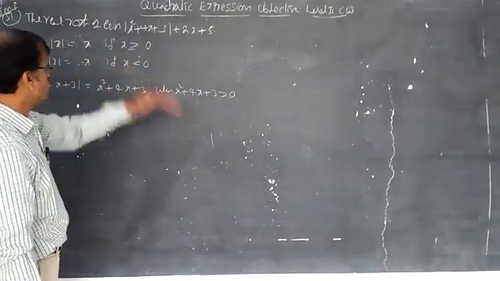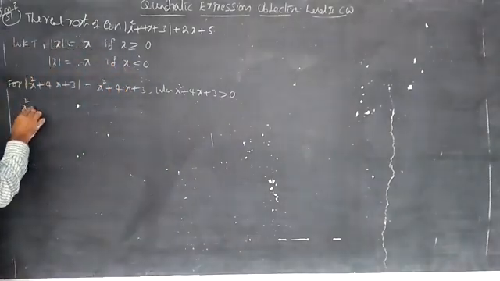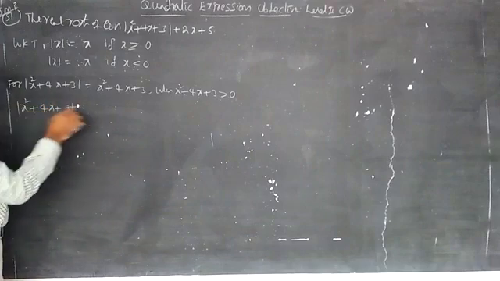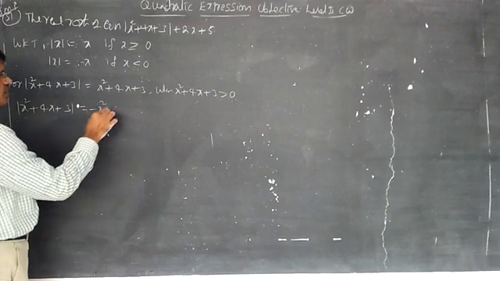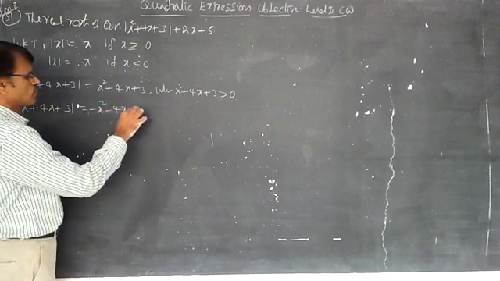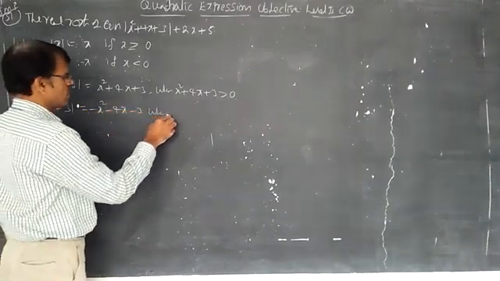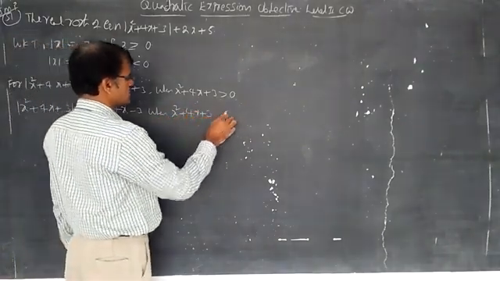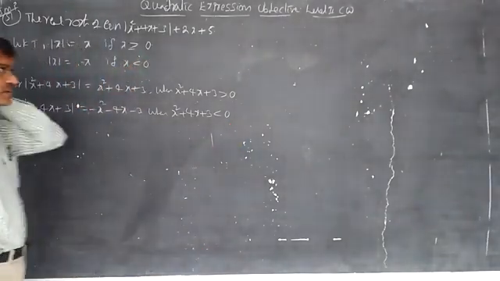Try to understand, this is the whole part. Next, modulus of x square plus 4x plus 3 is equal to minus x square minus 4x minus 3 when x square plus 4x plus 3 is less than 0. Like this you should write.